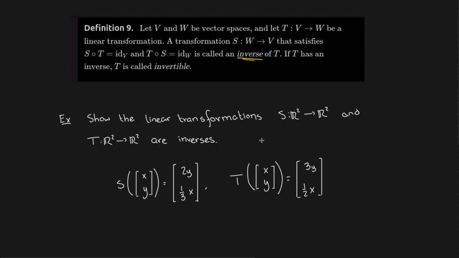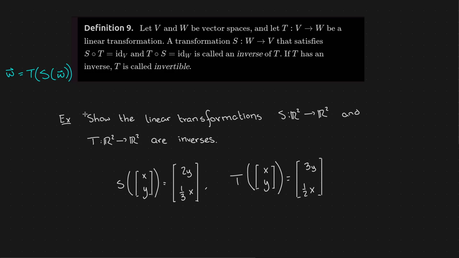T would be the inverse of S, S would be the inverse of T. The idea here is they undo each other, right? If we have S of some vector W, we plug it in, we get some vector out here. And then if we apply T, it just takes us back to where we started. It undoes whatever transformation S did.